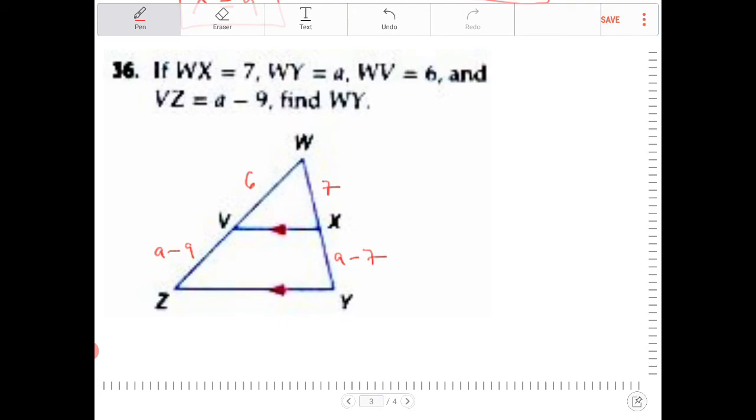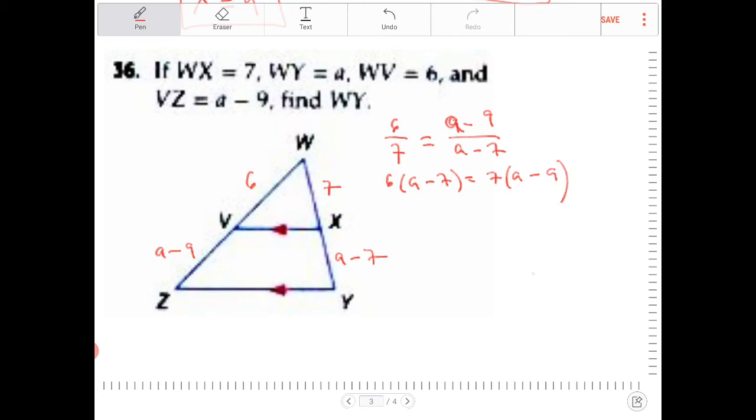So again, because VX and ZY are parallel, I can then set up a proportion. I can say 6 over 7 is equal to a minus 9 over a minus 7. Cross multiply, 6 times a minus 7 is equal to 7 times a minus 9.